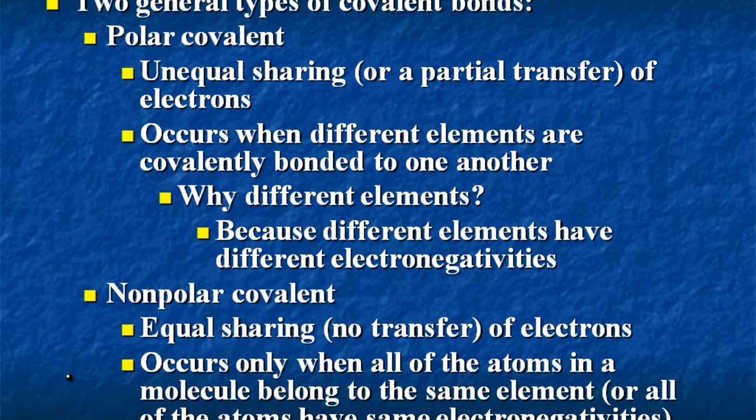Even though they are two different elements, if they have the same electronegativity, the force is the same, right? So nobody can hold the electrons closer to itself. So as long as it's the same element or elements with the same electronegativity, there is no unequal sharing, therefore no polar bonds. In other cases, you will get polar bonds.